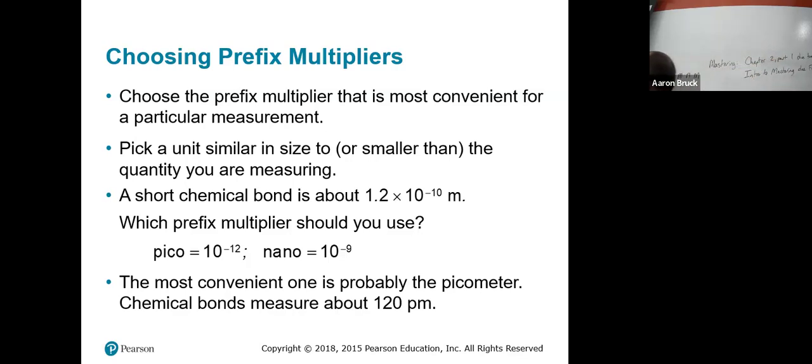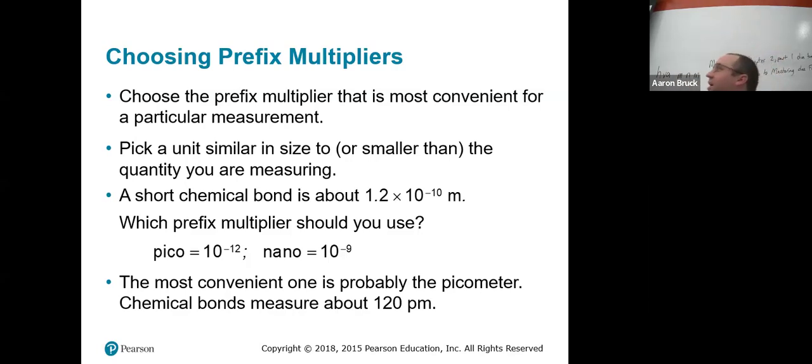All right, here's a question for us. Let's say that we take a measurement, and the measurement tells us that whatever we are measuring is this many meters, 1.2 times 10 to the negative 10th.